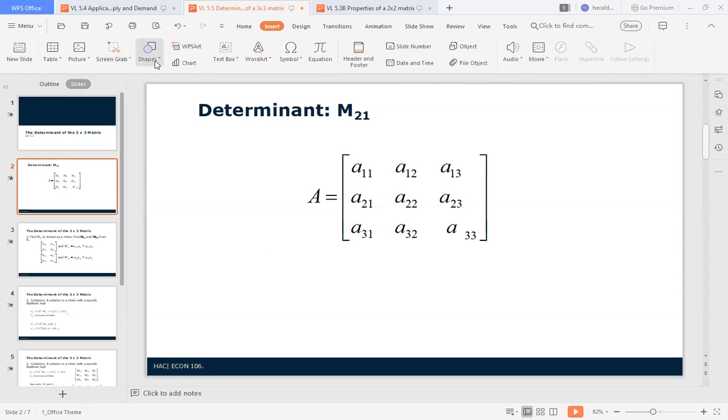For M21, we're deleting some rows and columns here. So we delete this, and we also have to delete this.